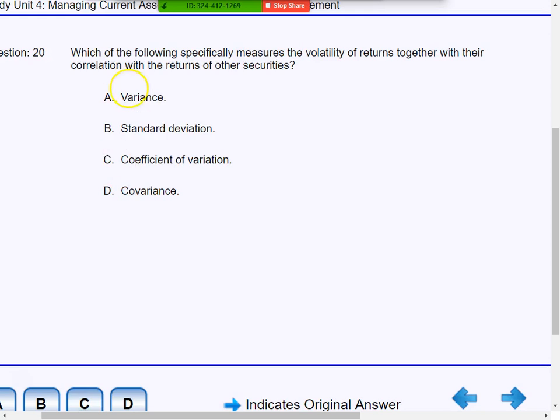Moving on. Which of the following specifically measures the volatility of returns together with their correlation with the returns of other securities?